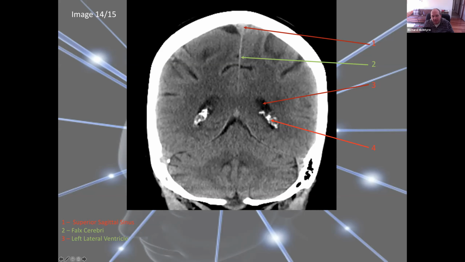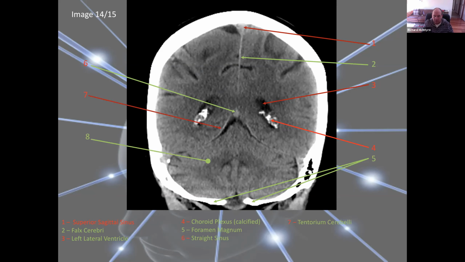Okay, we see the choroid plexus well there because it's calcified. Okay, foramen magnum. Okay, between the occipital bones. And there's the straight sinus there, so blood coming down that vessel, the vein that delivers blood back away from the brain.